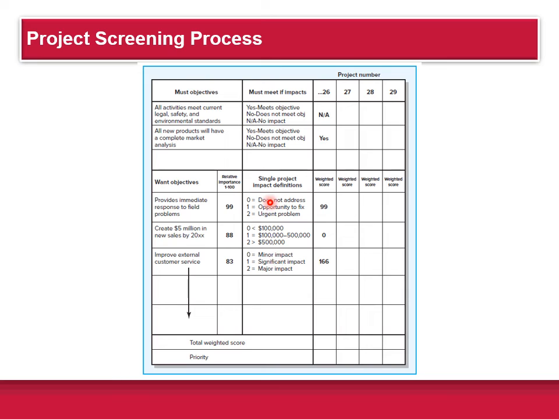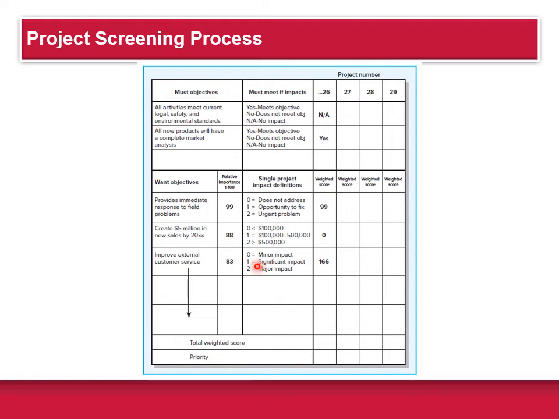This figure below is a partial example of an evaluation form used by a large company to prioritize and select new projects. This form distinguishes between must objectives and want objectives. So if a project does not meet a must objective, it is not considered and is removed from consideration.